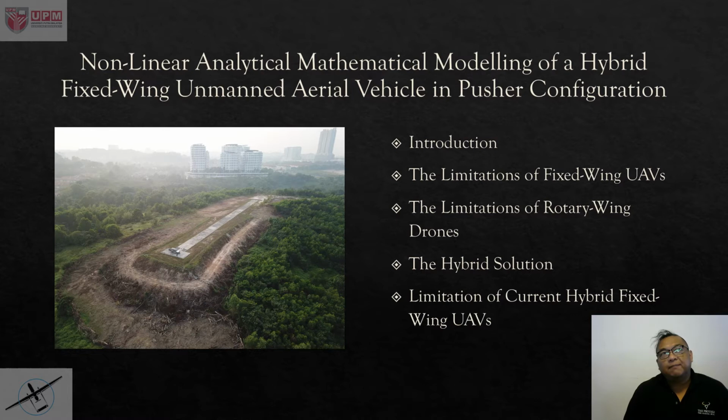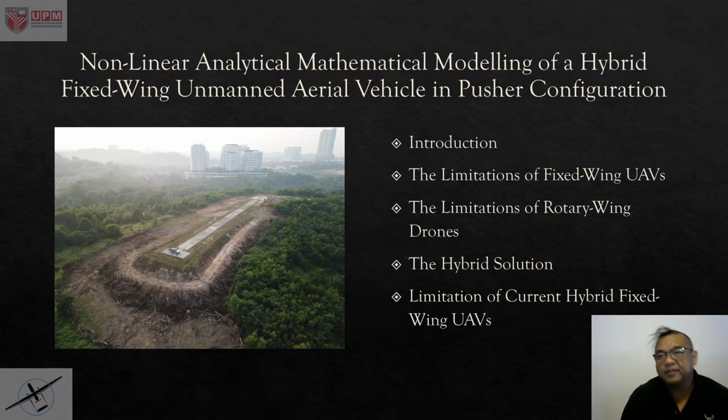The secret that makes fixed-wing UAVs able to fly longer is not in its configuration, but it is in the propulsion system that it uses. So fixed-wing UAVs that can fly longer than usual are usually powered by internal combustion engine.